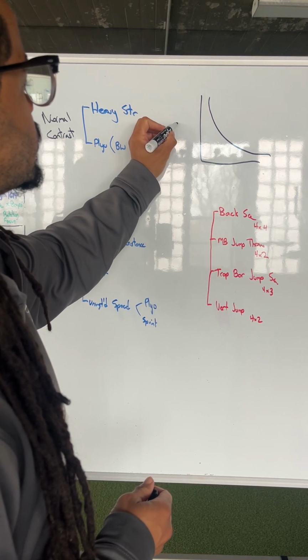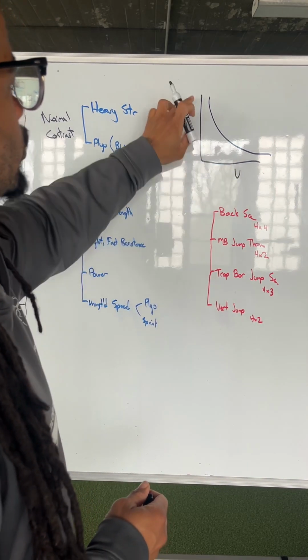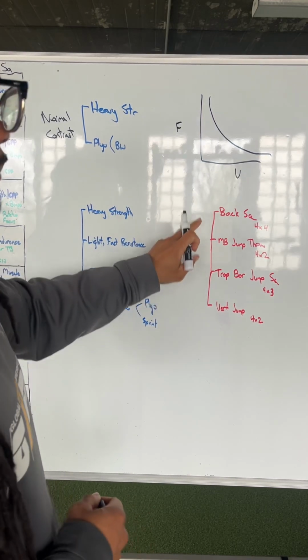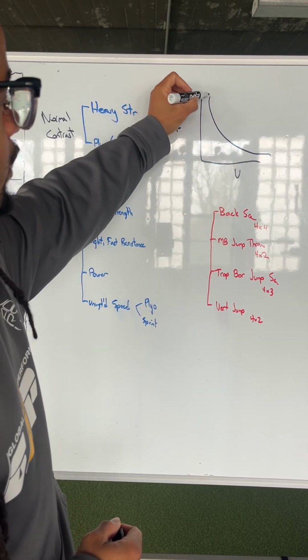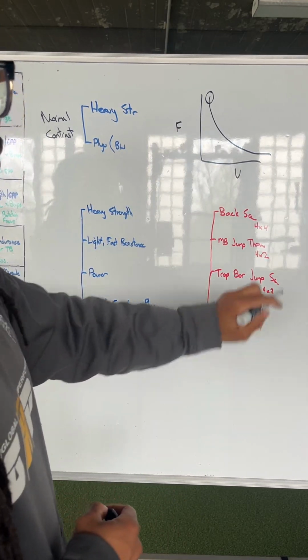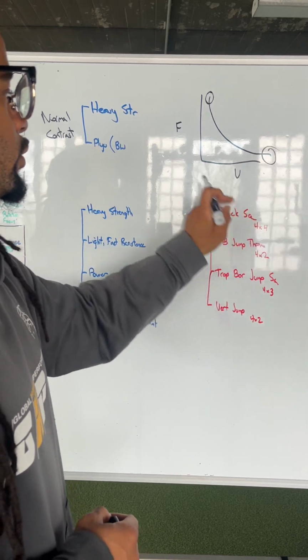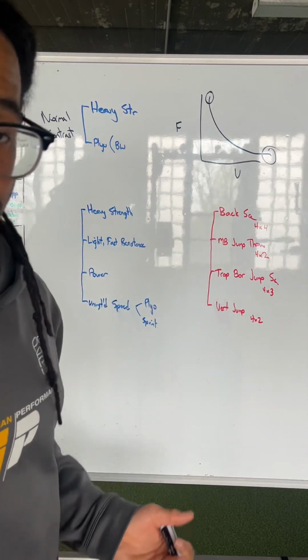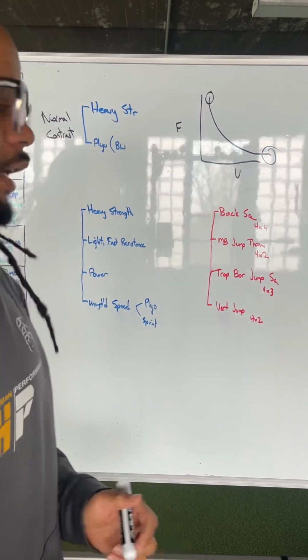As our force increases, obviously movements are slower. So our maximum strength exercise is up here where the force is high and the velocity is slow. Our vertical jump down here, though, there's very little external force required. You just have to move your body, and the velocity of that movement is very high.